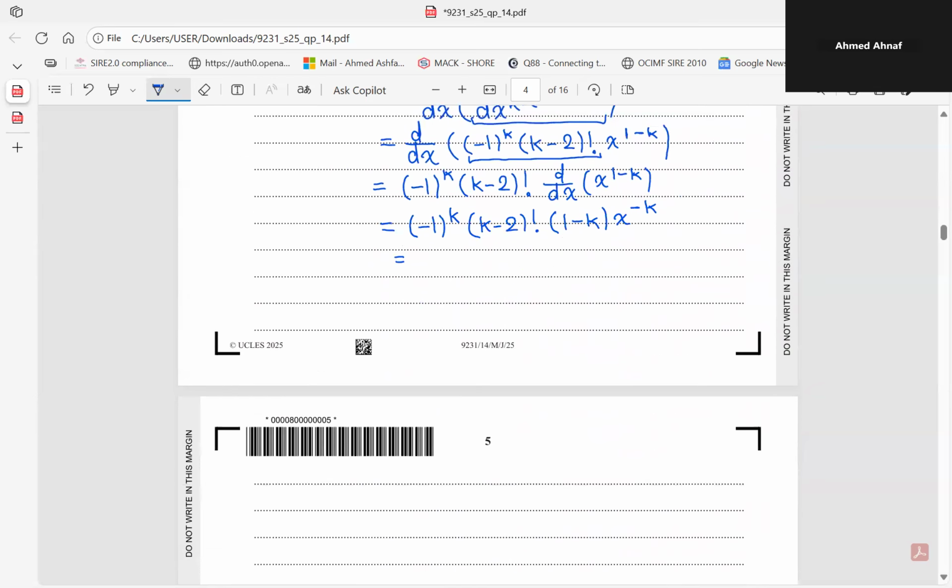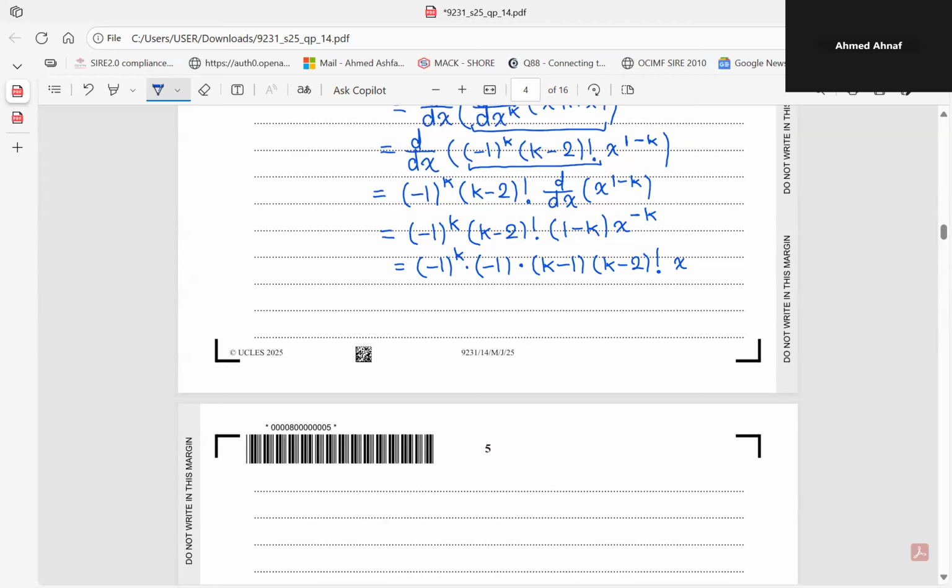First thing we can do is to incorporate this into the factorial function. So the first step is to factor out minus 1 from 1 minus k. So this will give you (-1)^k times (-1) times (k-1) times (k-2)! times x to the power of minus k.